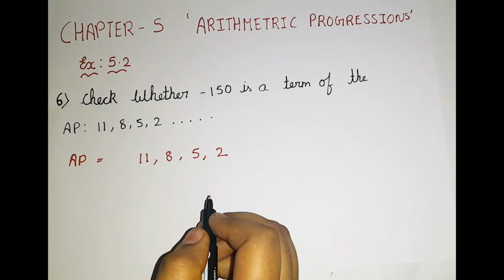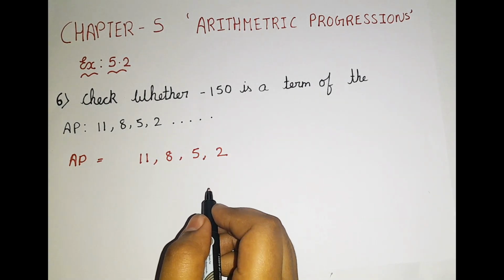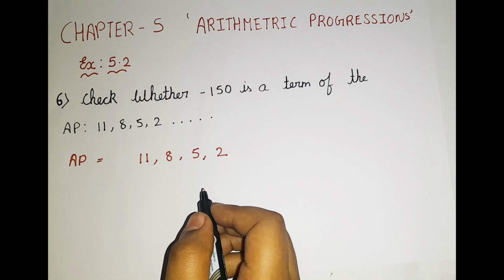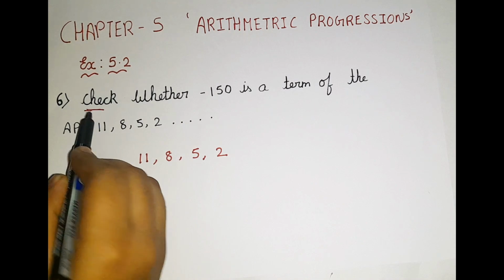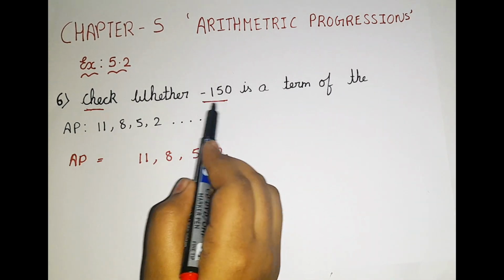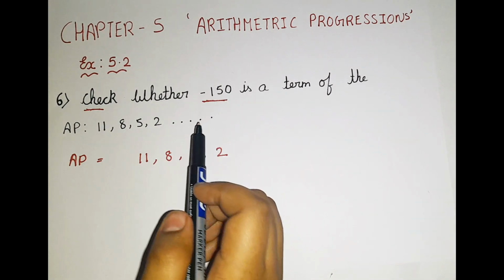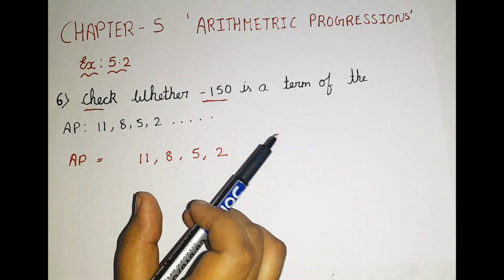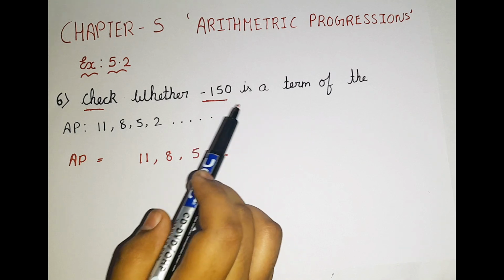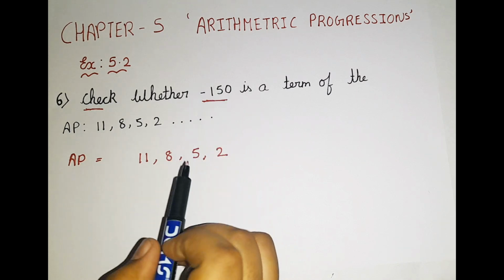Okay, so this is an AP. What is AP? AP full form is arithmetic progression. First of all, we are supposed to check whether this number, minus 150, is a term in this arithmetic progression, whether we will get this number or not.